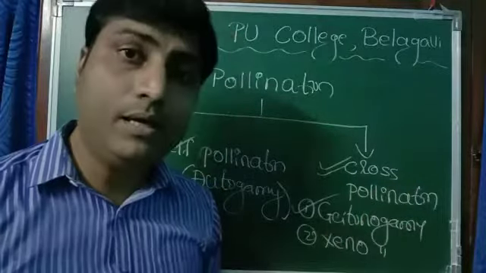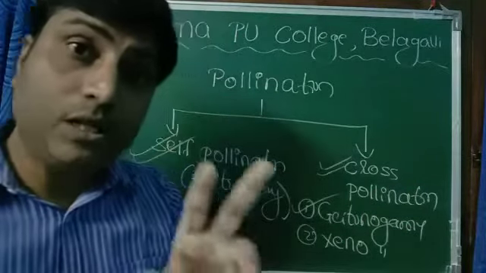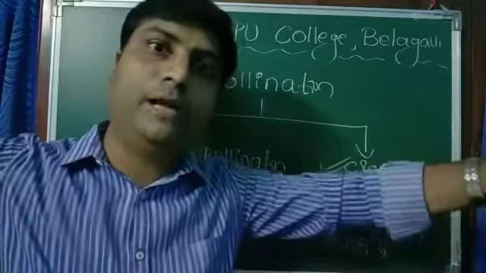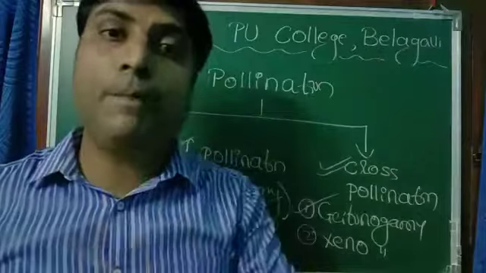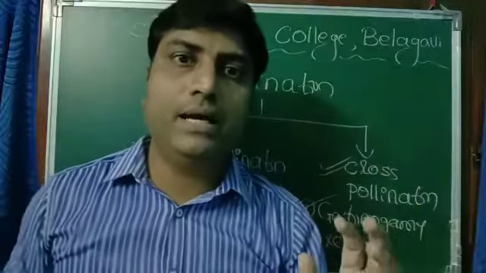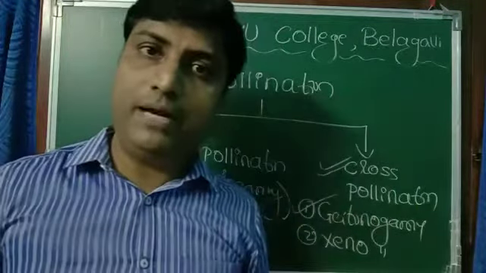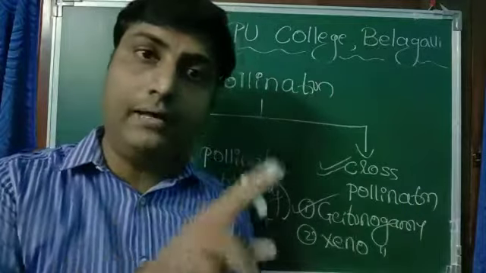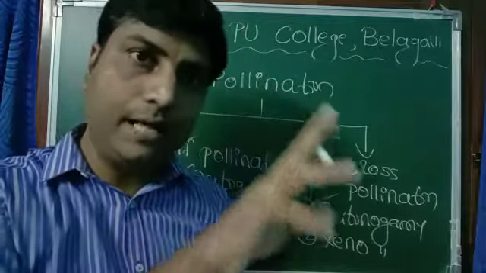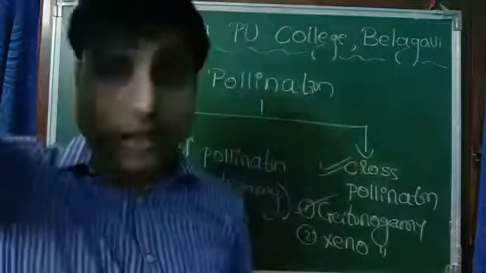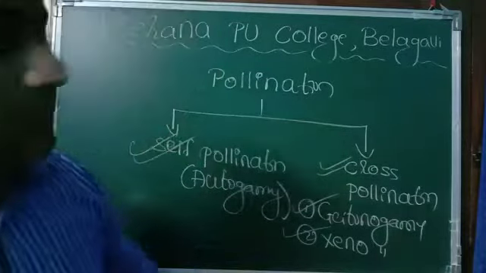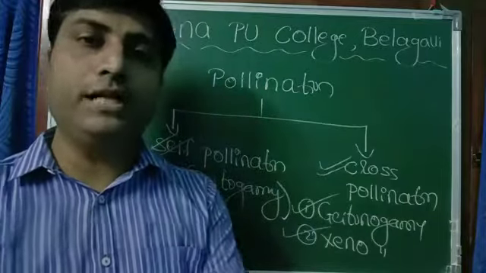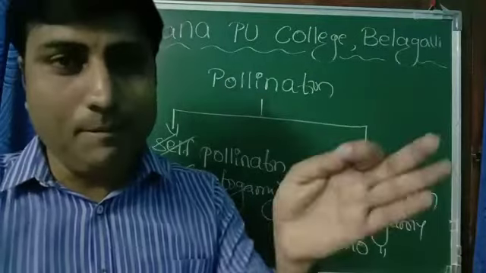Then what is xenogamy? If cross-pollination takes place between different plants, where the flowers and the plants are both different, like in papaya, where one plant contains male flowers and another plant contains female flowers, the pollen grain from the anther falls from one plant onto another plant. That is called xenogamy. So these are the various types of pollination that we see in plants.